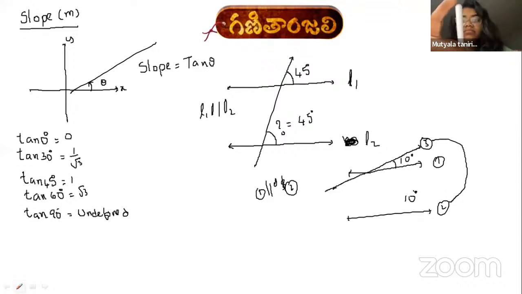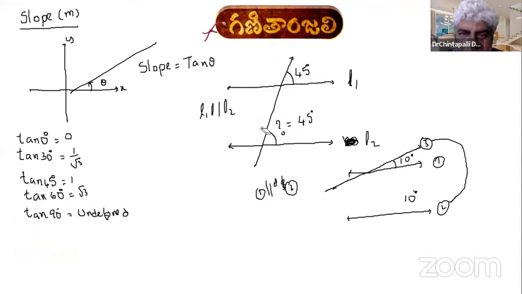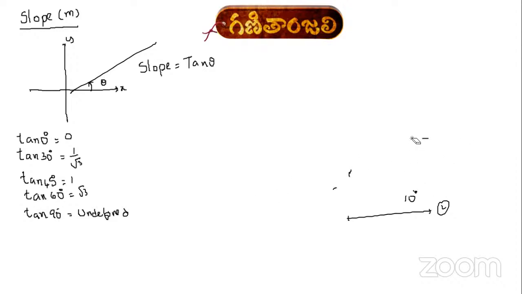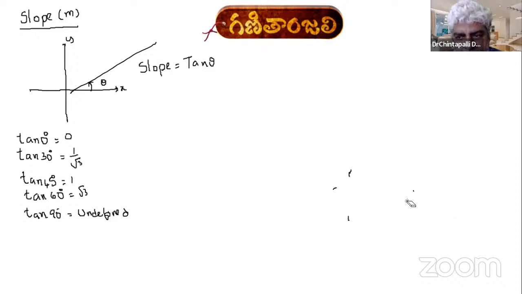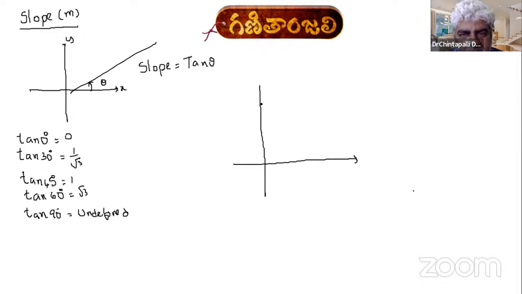What is the use of this point? Why are we emphasizing it? The reason is, in a graph with x-axis and y-axis, we need to find the slope of a line.